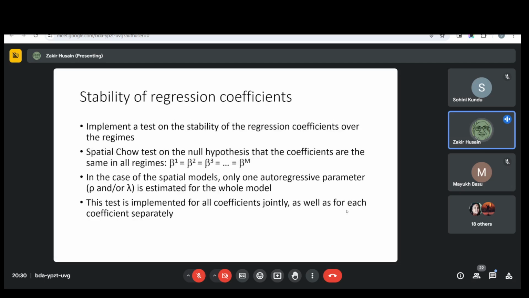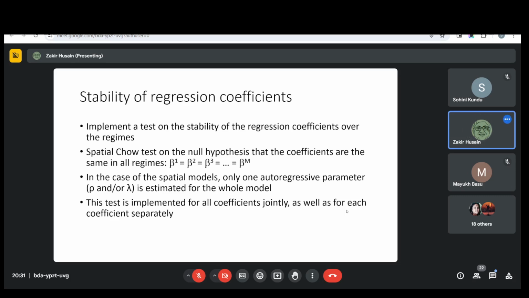Okay. So the null hypothesis is that, across the m regimes, beta 1 is equal to beta 2 and so on. In case of spatial models, we have an autoregressive parameter, lambda. We assume that lambda doesn't change. So spatial dependence is constant even if we have spatial heterogeneity.